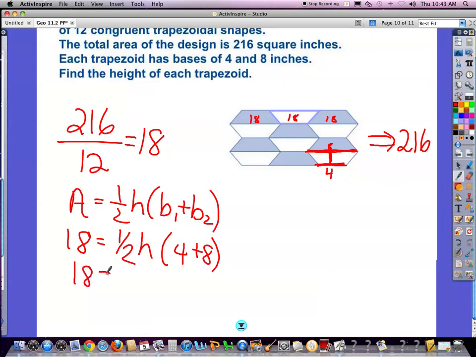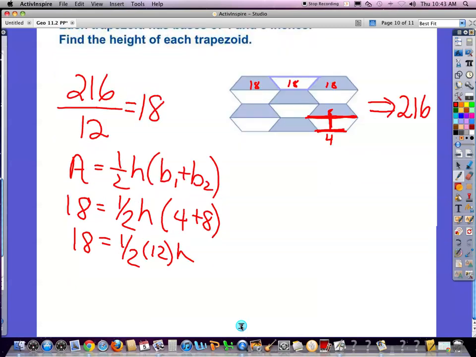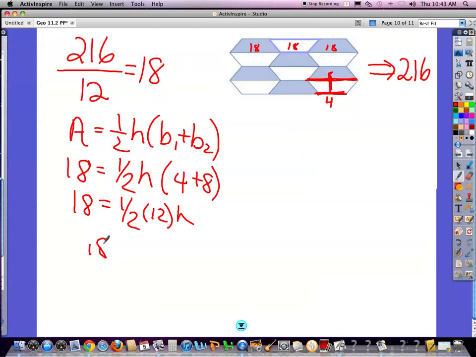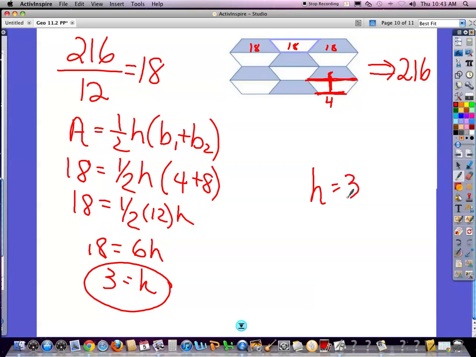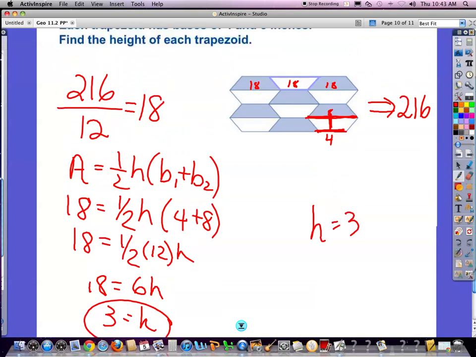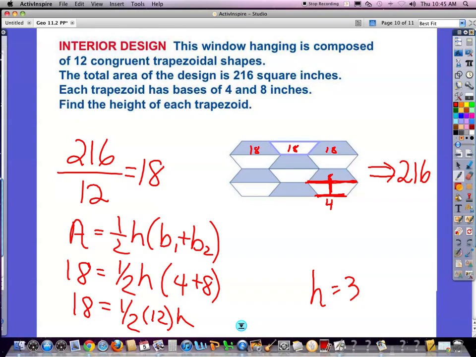That's going to be the same as 1/2. 18 is equal to 1/2, and 8 plus 4 is 12, times h. Keep solving. 18 is equal to 6h. So now h is equal to 3. And that is, once again, the height. So the height of one of these little trapezoids is 3. I'm going to go back and check, make sure I actually answered the question they asked. Find the height of each trapezoid.